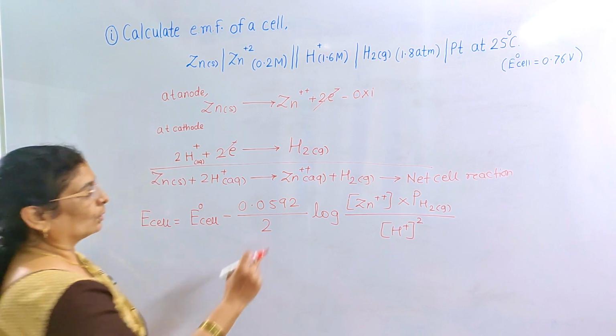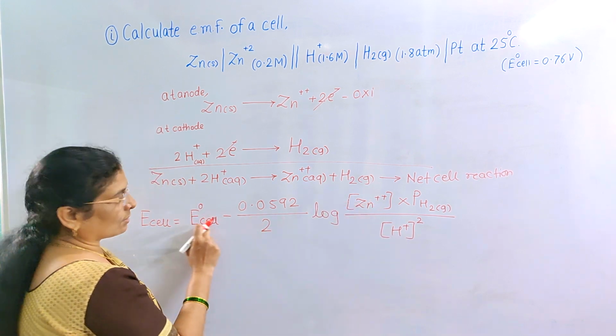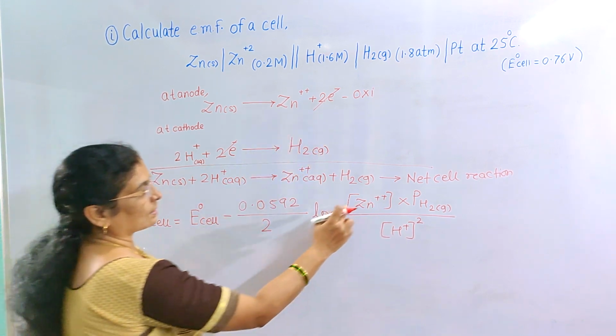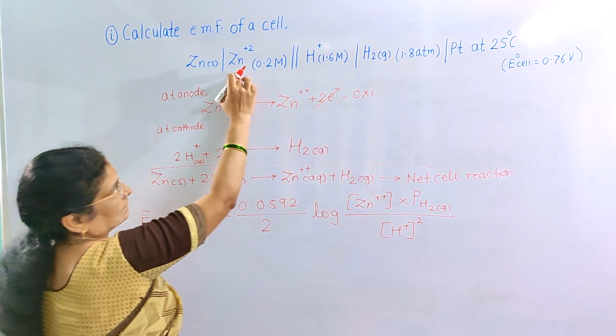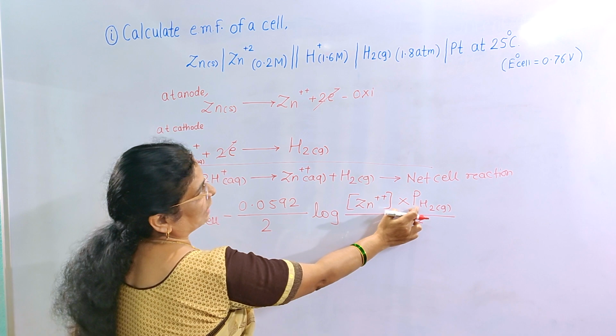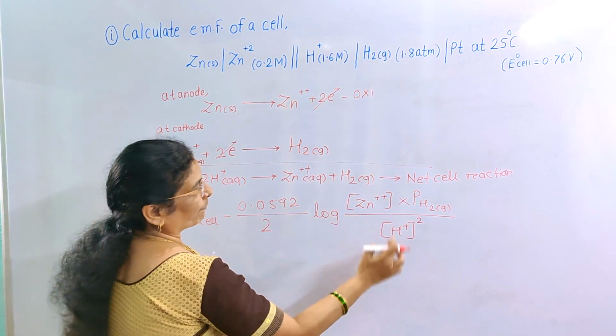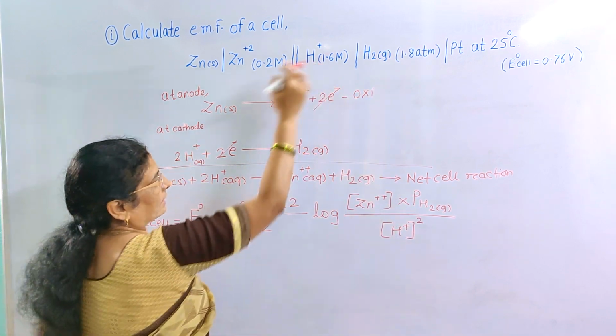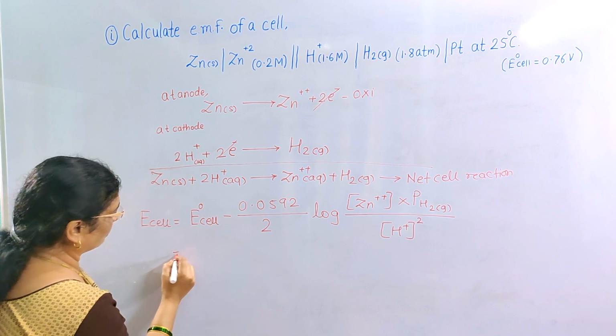Now you know E0 cell. The concentration of Zn2+ is given in this cell formula. Partial pressure of hydrogen gas is given, and concentration of H+ ions is given. So substitute these values here.